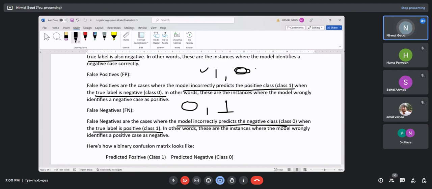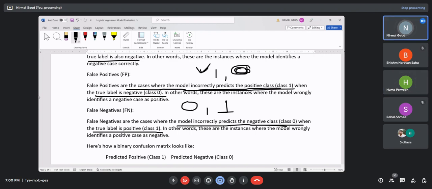Your actual value was 0 and it predicted 1. Please tell me, is it that the actual was 1 and then it predicted 0? This is the case where the model incorrectly predicts the positive class when the true label is negative.